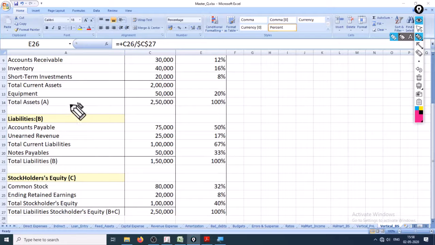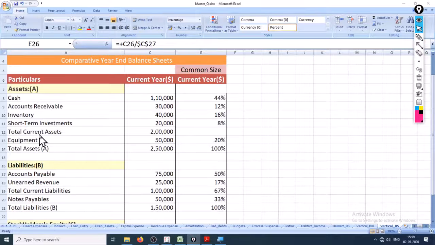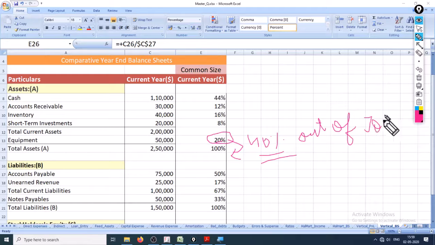now you can see, this is completely independent of companies. Like if a company's policy is to always have 40% fixed asset out of total asset, total 100%.